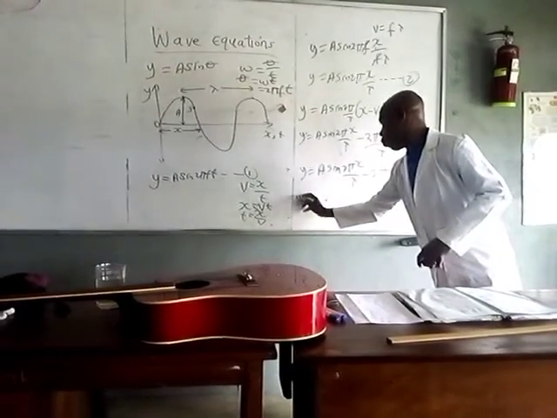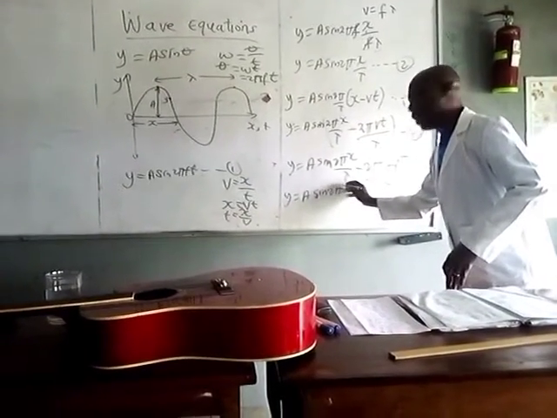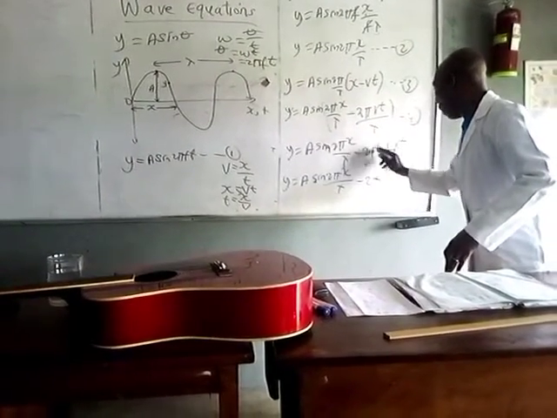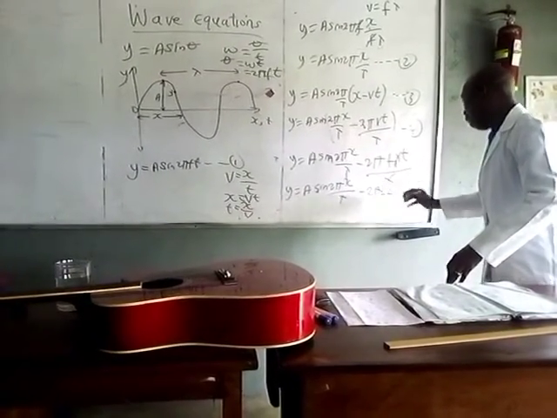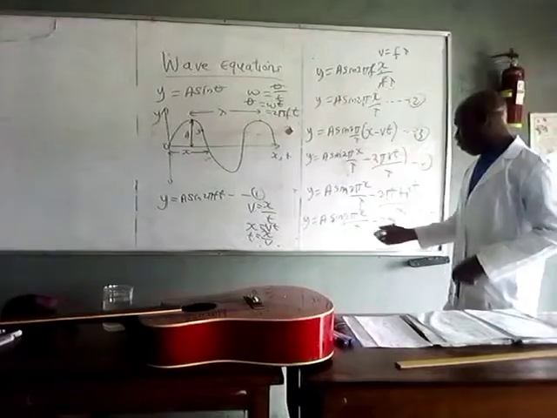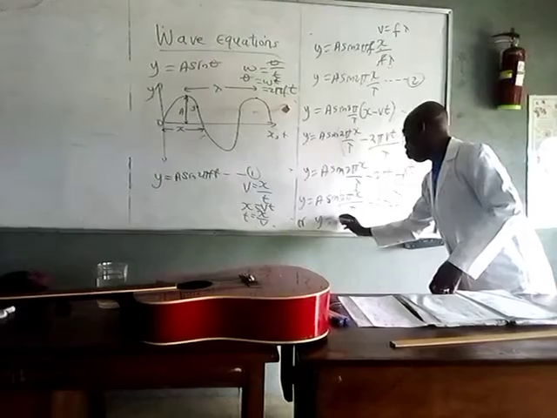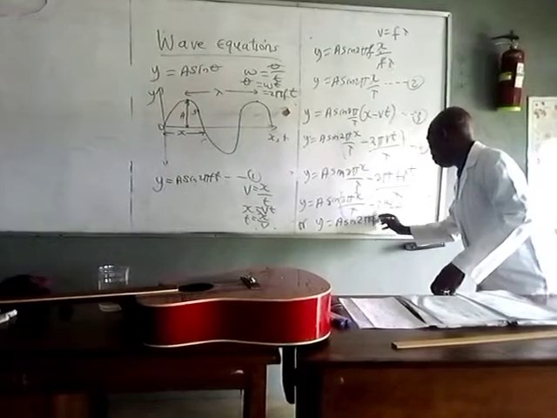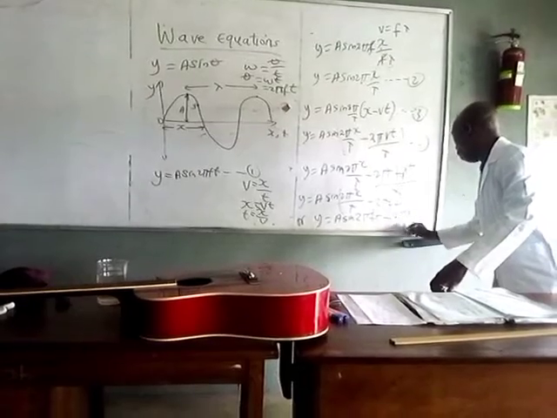What remains is y is equal to a sine 2 pi x all over lambda minus 2 pi ft. We can call this equation 5. Equation 5 can also be written as y is equal to a sine 2 pi ft minus 2 pi x all over lambda.